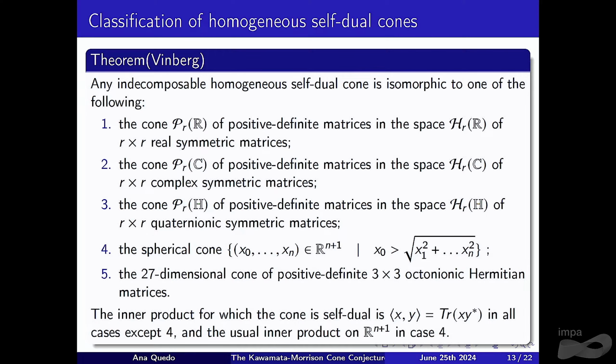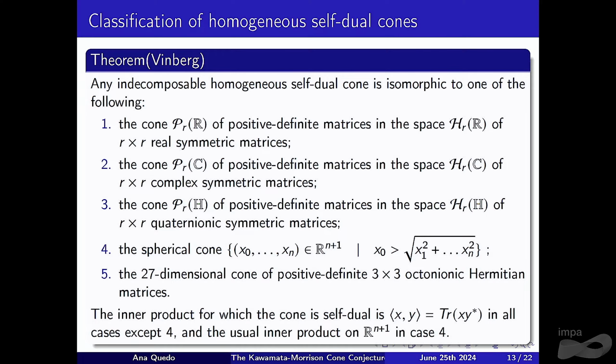The first 3 cases are the ones that are going to be interesting to us. They are basically positive definite matrices: symmetric matrices over R, Hermitian matrices over C, and the Hermitians over the quaternions.